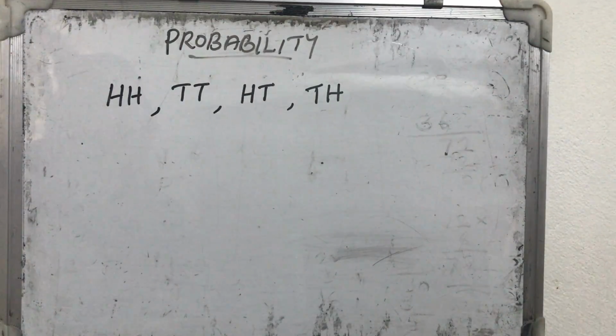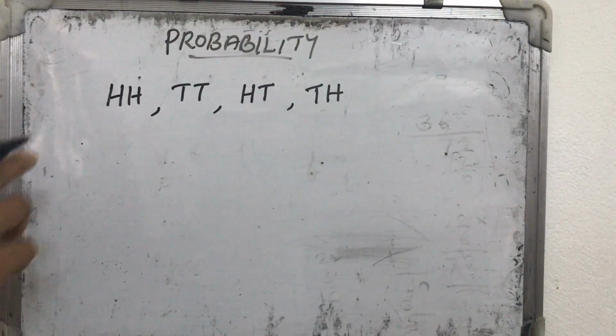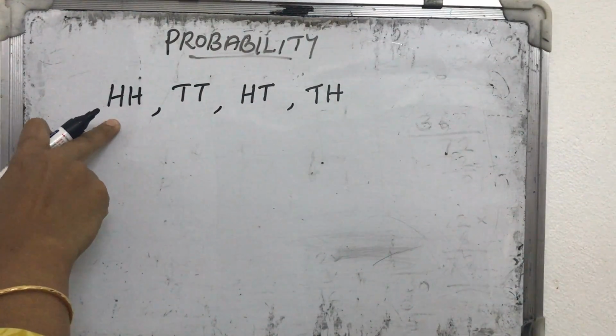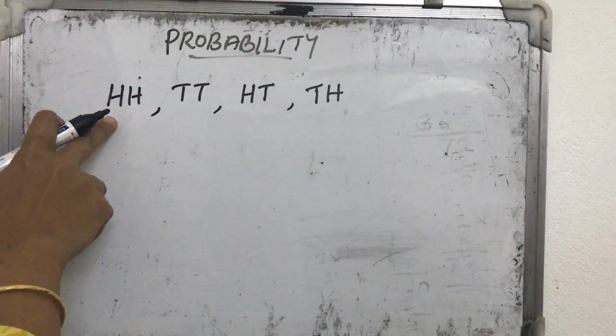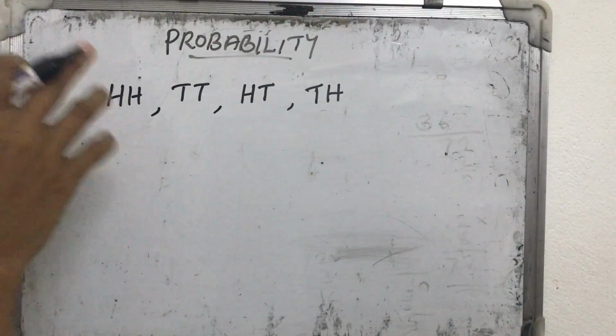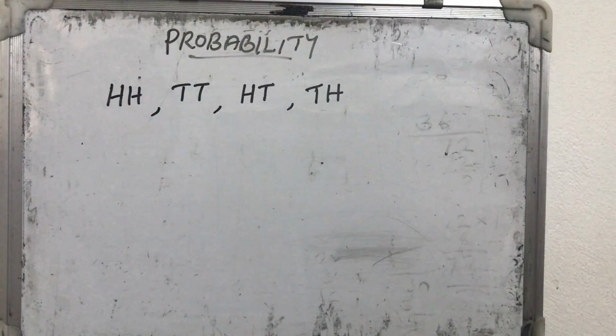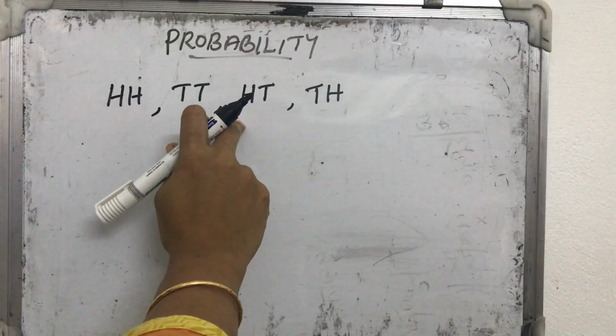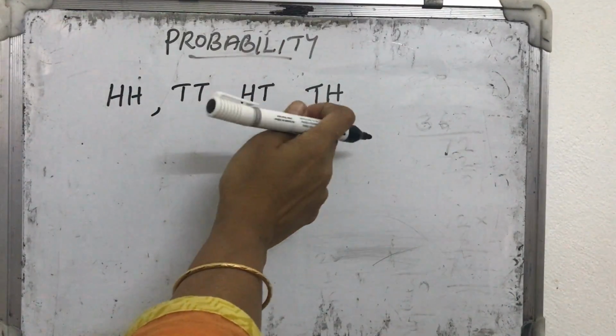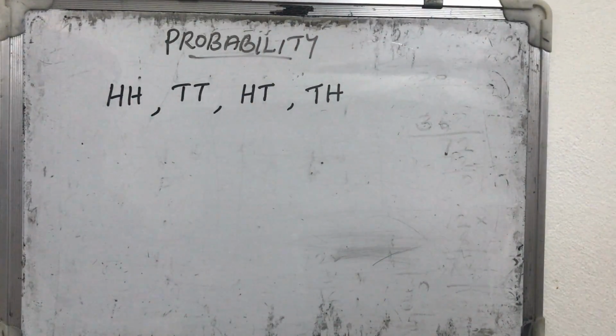Okay, so here the first one, both coins make head on the top. And then the second chance, both coins make tail, and the third one, the first coin is head and the second coin tail, and the fourth is the reverse.